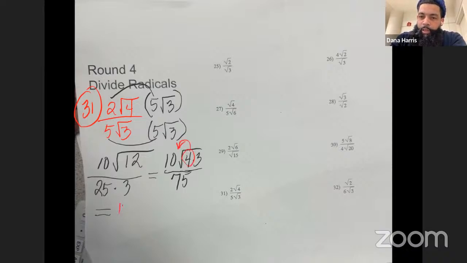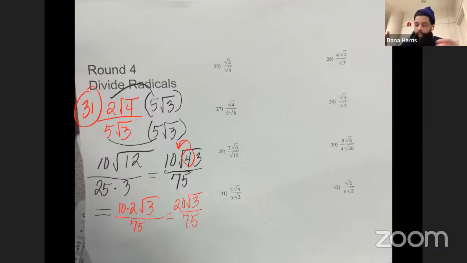So I have 10 times 2 square root of 3 over 75, which equals 20 square root of 3 over 75. Now, the 20 and the 75 are both divisible by 5. Okay, so that 20 divided by 5 is 4. Keep the square root of 3. 75 divided by 5 is 15. So there's our final answer to number 31.